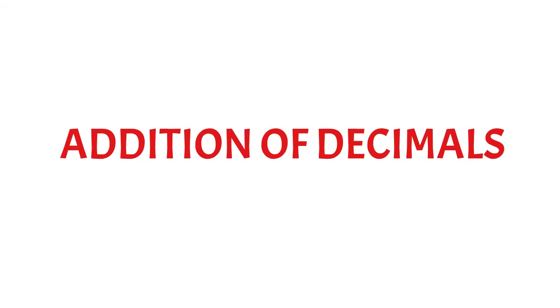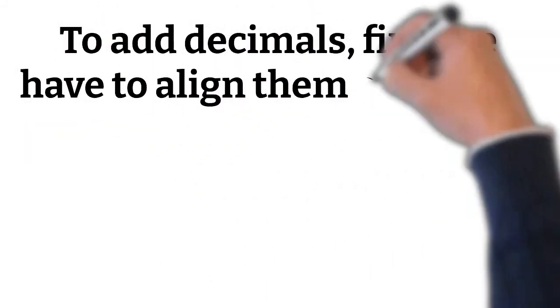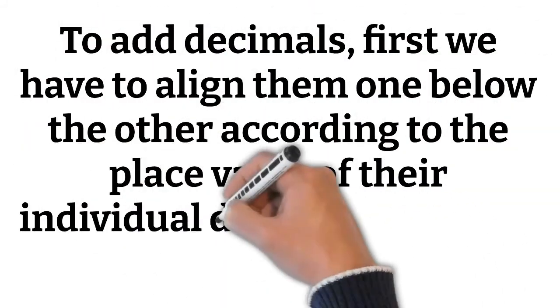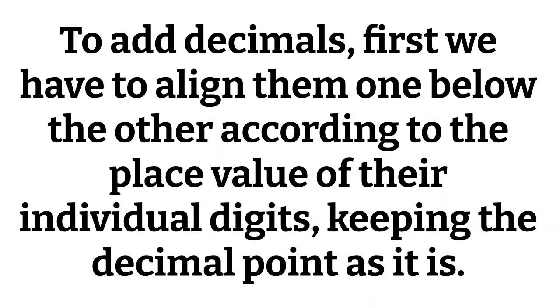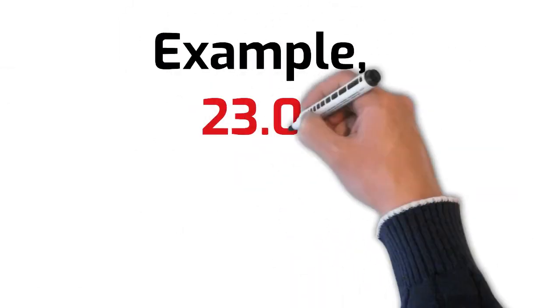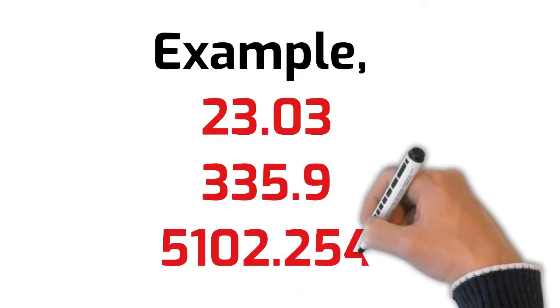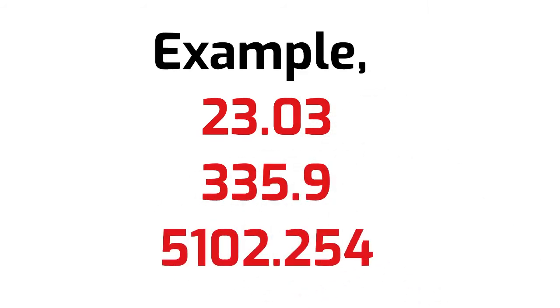Addition of decimals. To add decimals, first we have to align them one below the other according to the place value of their individual digits, keeping the decimal point as it is. For example, 23.03, 335.9 and 5102.254.